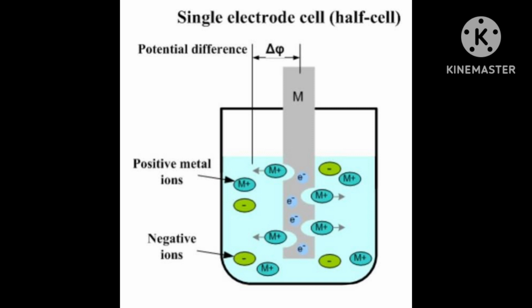Electrons flow from the anode to the cathode, and the direction of current will be opposite to this, correct? Meaning from cathode to anode. Now I will discuss only the direction.